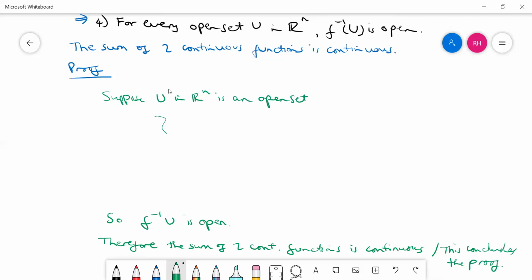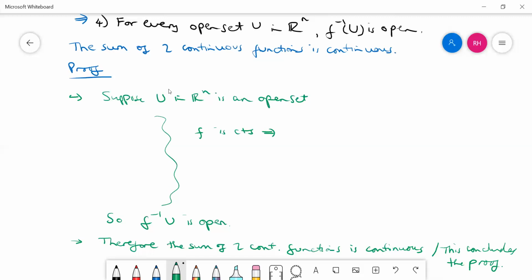Now, in this area here, we have what I call a logical flow. You start with what you know, you end up with where you want to go, and in here you have a logical flow. Now, what are we going to use in this? If we call f and g the 2 functions, well, f is continuous.